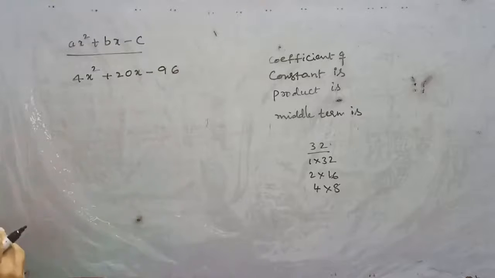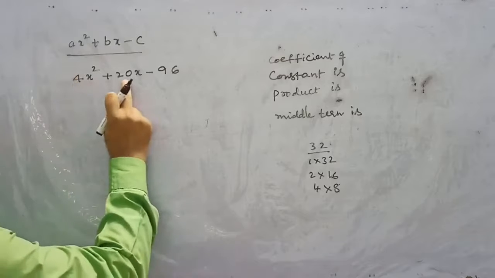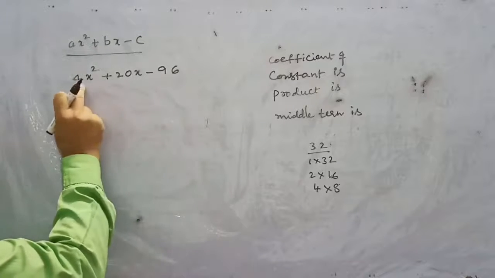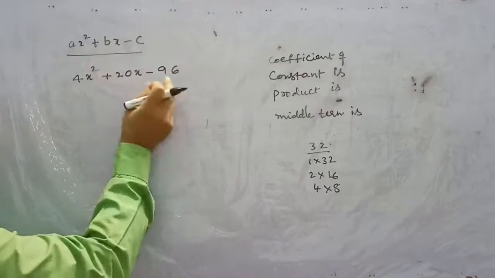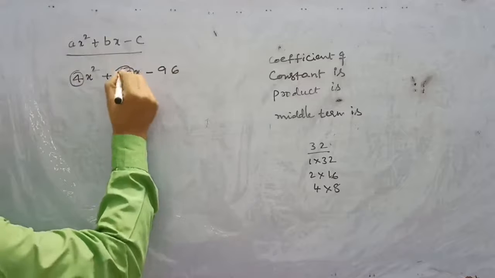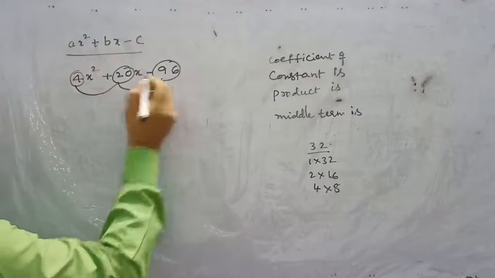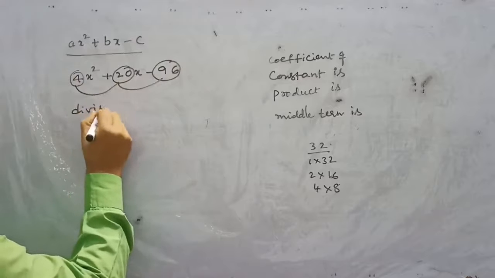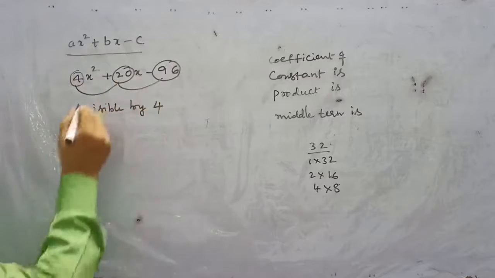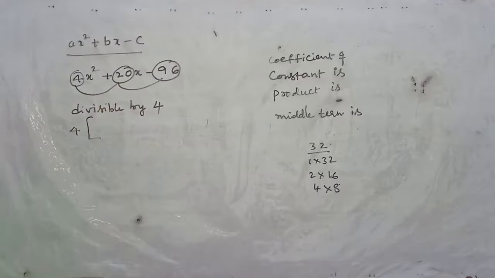Okay, in this problem, the numbers 4, 20 and 96, these three are divisible by 4. So that means first you have to take out 4 as the common factor from the total problem.